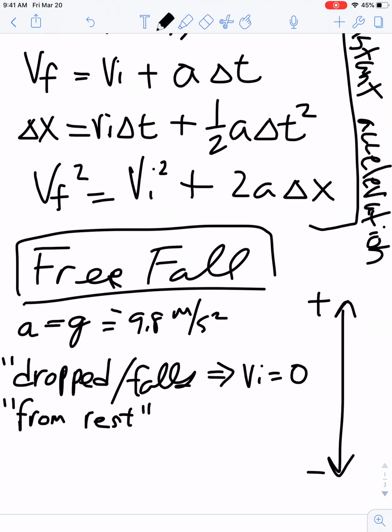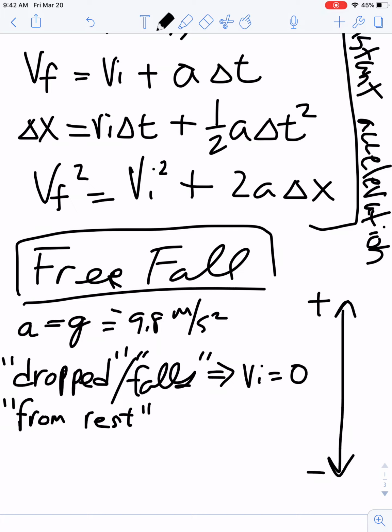All of these are very important when it comes to identifying given information. So in other words, you might start a problem, you read the problem, right? And you're looking for numbers because your brain is always trying to do the shortcut. You always want the path of least resistance. Well, that's fine, but if you do that, you're going to probably miss the fact that it says, hey, from rest, or it was dropped, or the object fell. And those words are actually telling you numbers, so don't miss that. That's very important. So if an object is dropped, v initial equals 0.